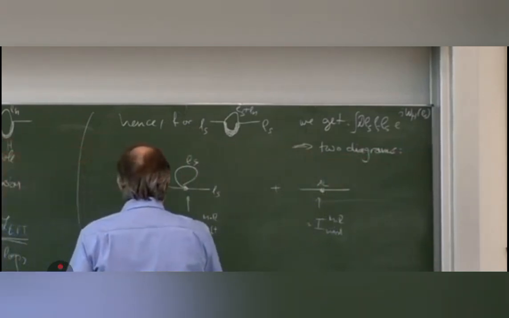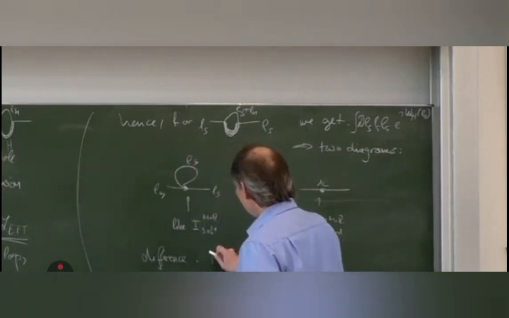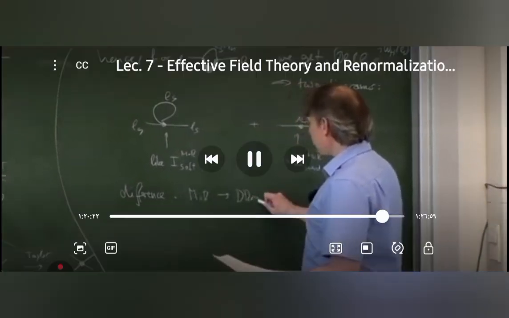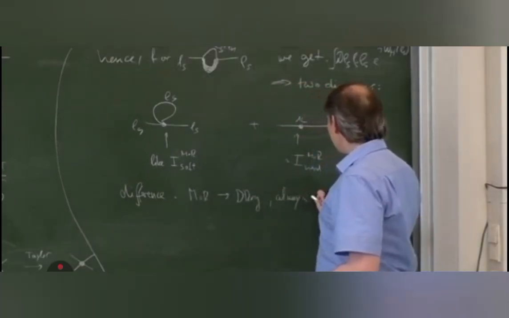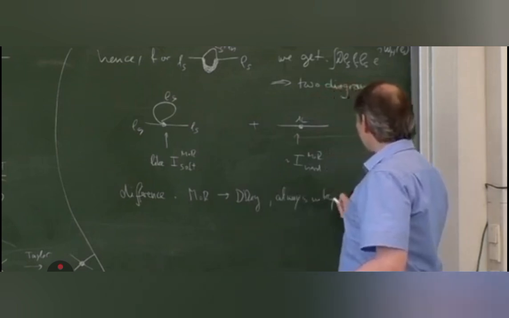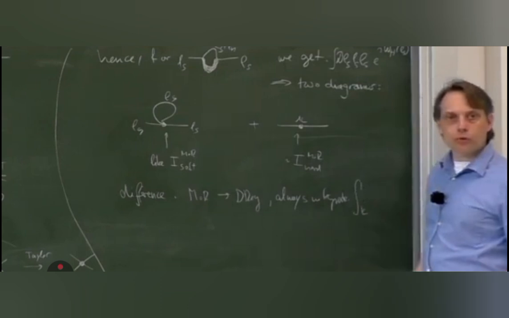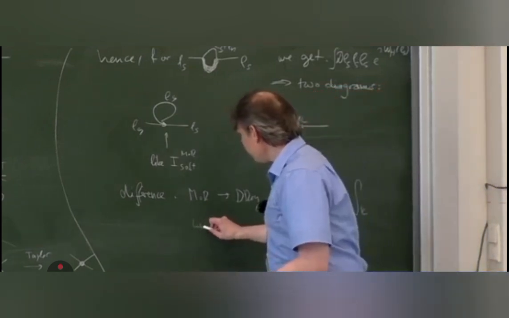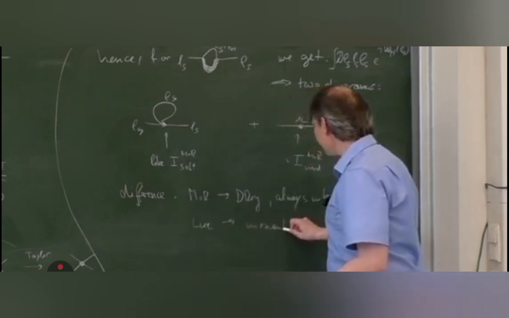I already pointed out the difference, so let me write it also here. The difference is that in the method of regions we use dimensional regularization, and in practice it means that we always integrate the full d-dimensional momentum space without cutoff, but here we would have to use a momentum cutoff.